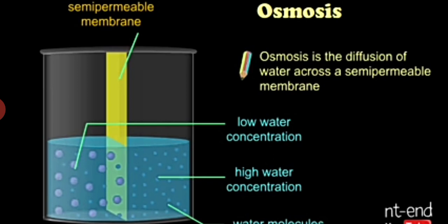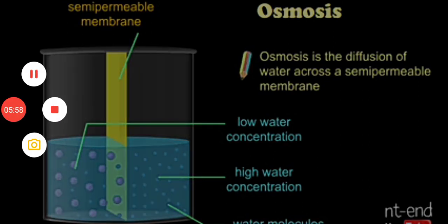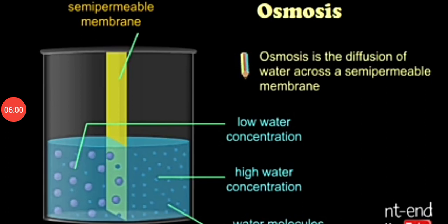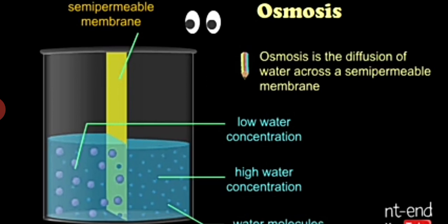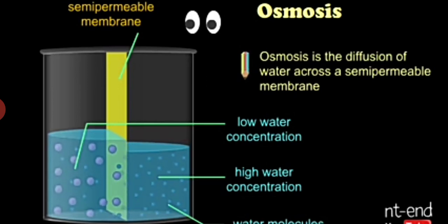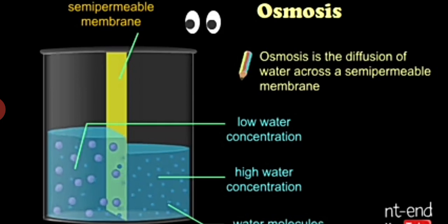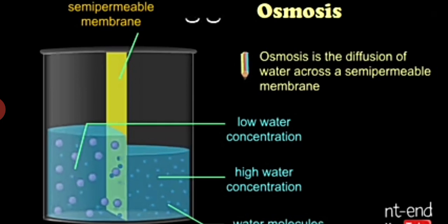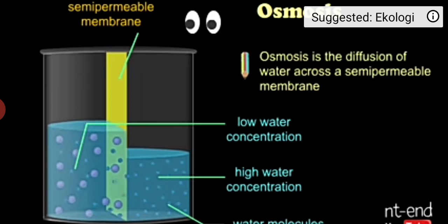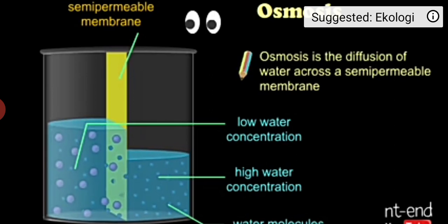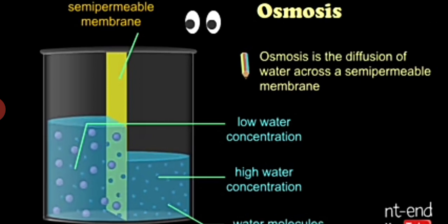Now we will see how the movement of water molecules will occur. Here is the semi-permeable membrane. On the left side the concentration of water is lower, whereas on the right side the concentration of water is higher.